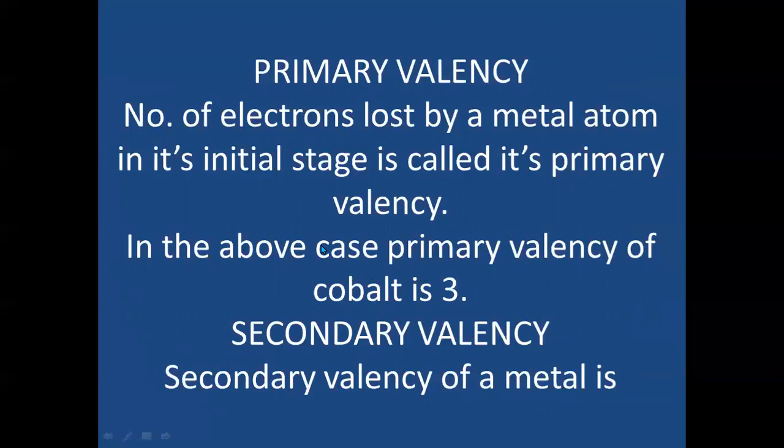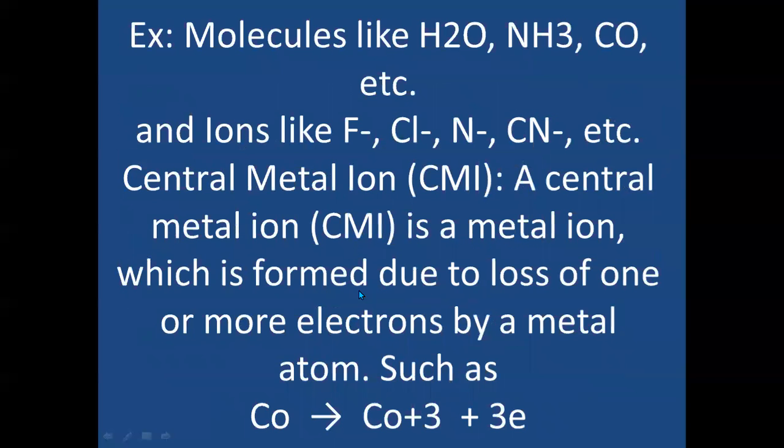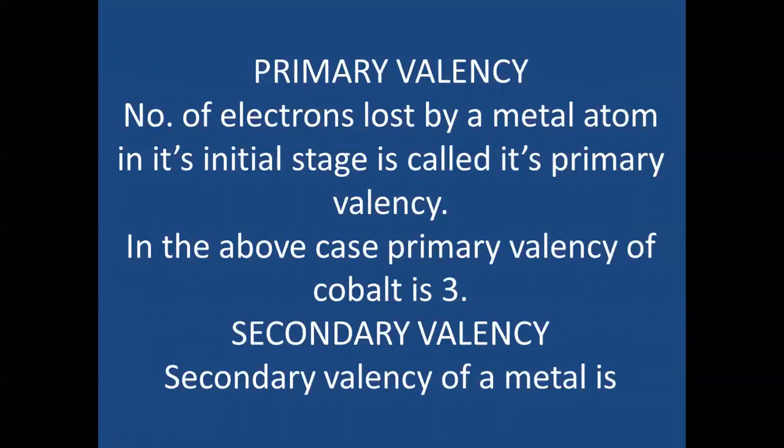For example, for cobalt, it is 3. Why is it 3? Because cobalt can lose 3 electrons to form [Co(NH3)6]Cl3. So in this case, cobalt is losing 3 electrons. Therefore, the number of electrons lost in the first stage is called its primary valency.